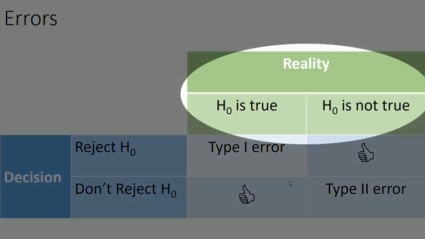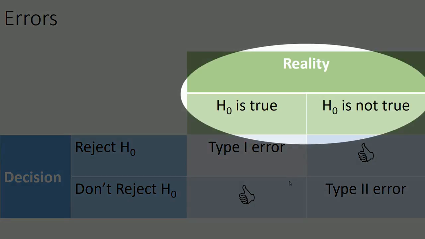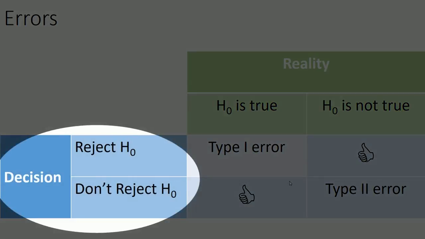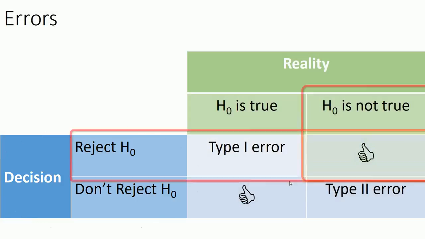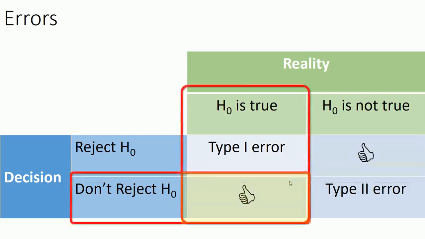In reality, the null hypothesis can either be true or it can be not true. And our decision can either be to reject the null hypothesis or to not reject it. Of course, we want to reject the null hypothesis if it's not true, and we want to not reject it if it is true. Those would both be the correct course of action.